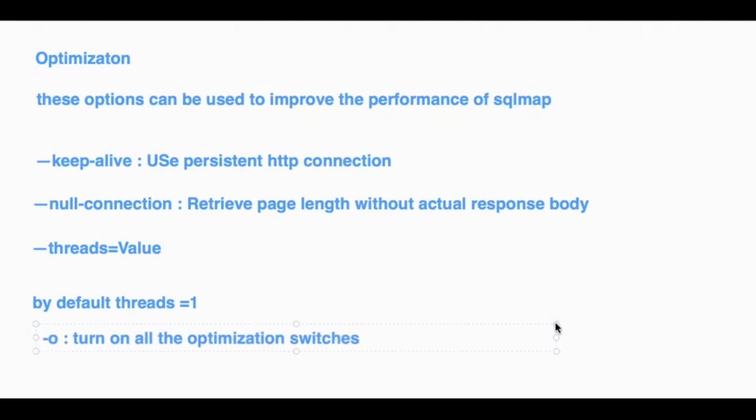And one more option we have is hyphen hyphen predict hyphen output. Using this option, SQLMap will predict common queries' output, how they behave or what their response is.